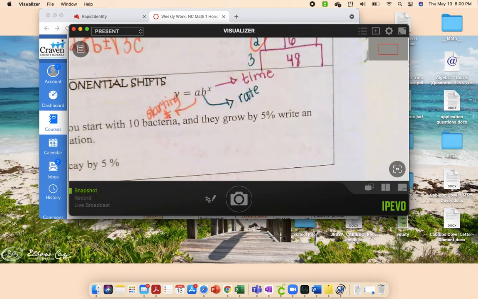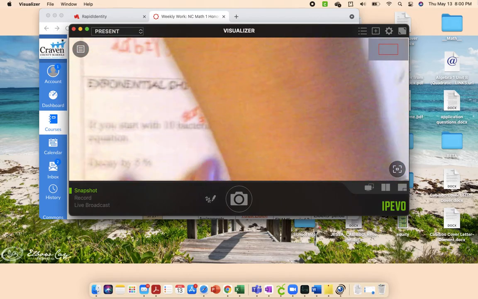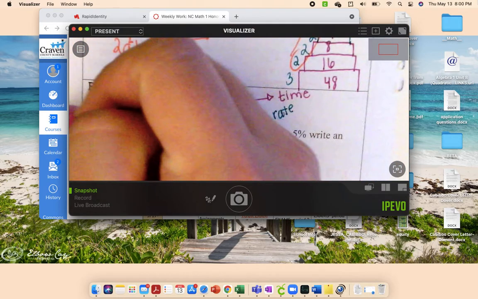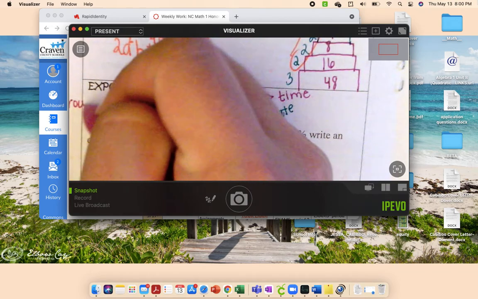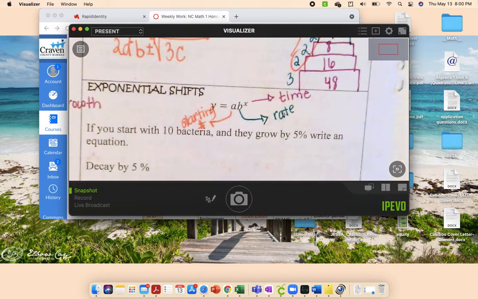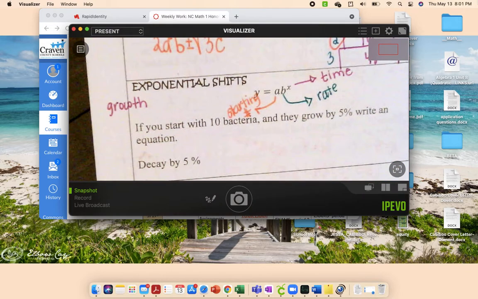All right, one of the big things we looked at for this was exponential growth and decay. We're just going to talk about that for a moment. When we have exponential growth, we did a lot of interest problems. And when we talked about that rate, what we said is that it is 1 plus, or 100%, depends on how you want to word it. I'm going to have 100% plus that additional percent.